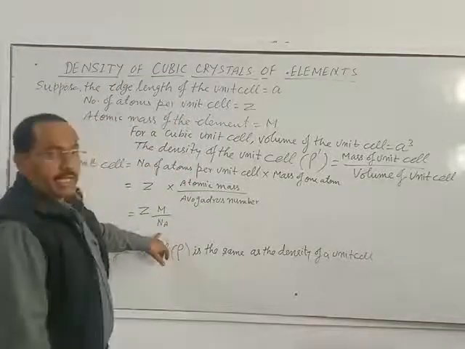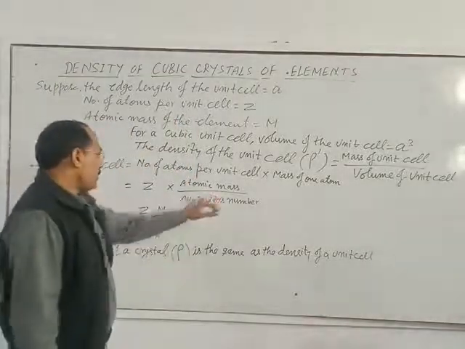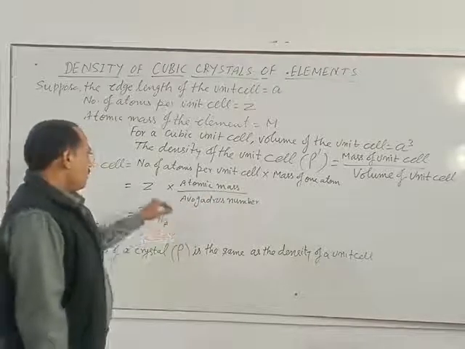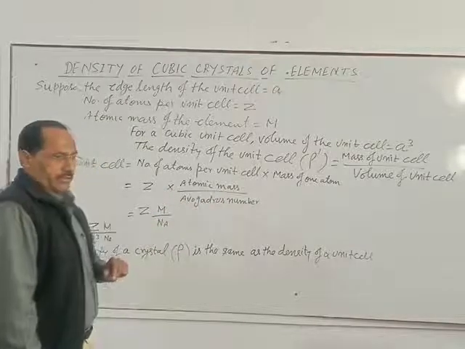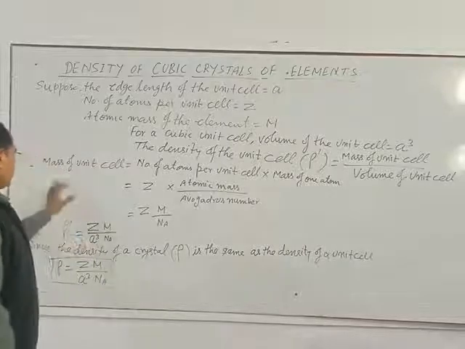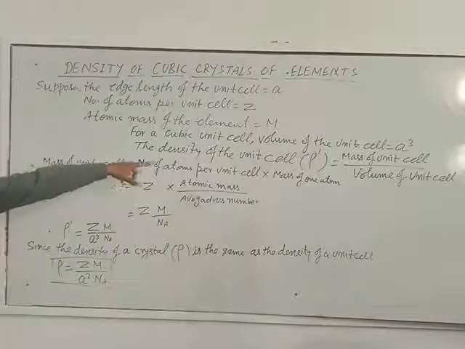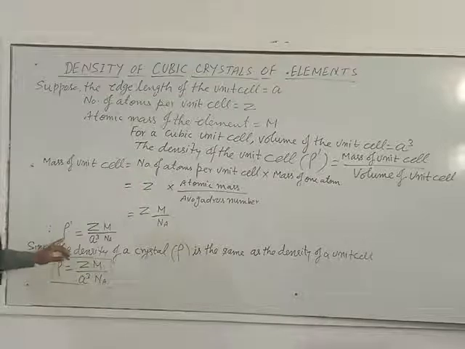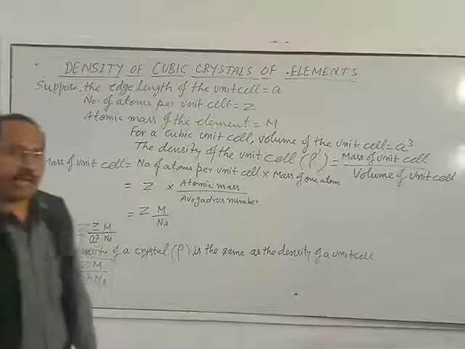Avogadro number is represented by Na. Atomic mass of element is M. Number of atoms per unit cell is Z. That is why the density of unit cell rho dash equal to ZM by a cube and Na.